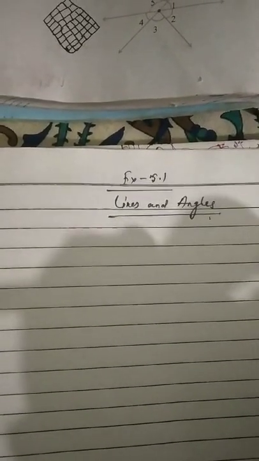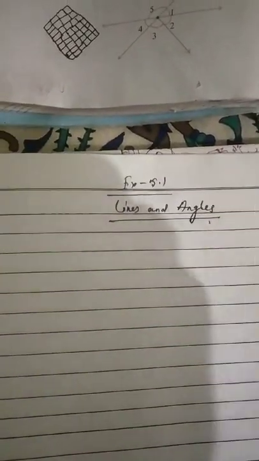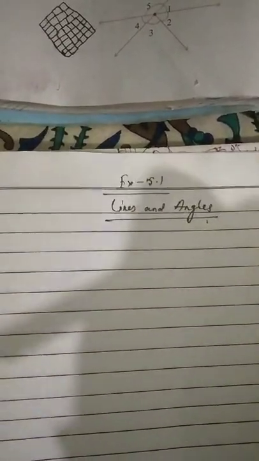When two angles are forming 90, it can be 60 plus 30, it can be 40 plus 50, any pair of angles. If it's making 90 degrees, they are complementary angles. When the sum of two angles is making 180 degrees, they are supplementary of each other.